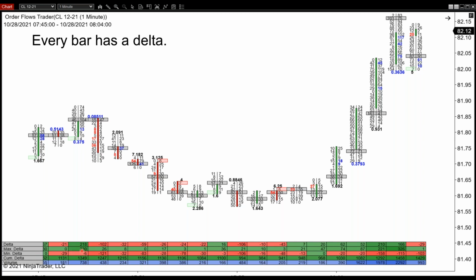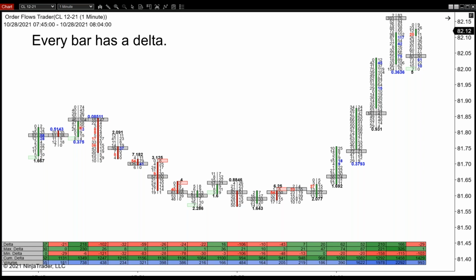Max delta is how strong the positive delta was in a bar. Okay, so again, in this green candle right here, you can see max delta of 230. Tells you in this bar, delta was positive at a number of 230, right? Period. It's not taking anything into account with the aggressive selling.